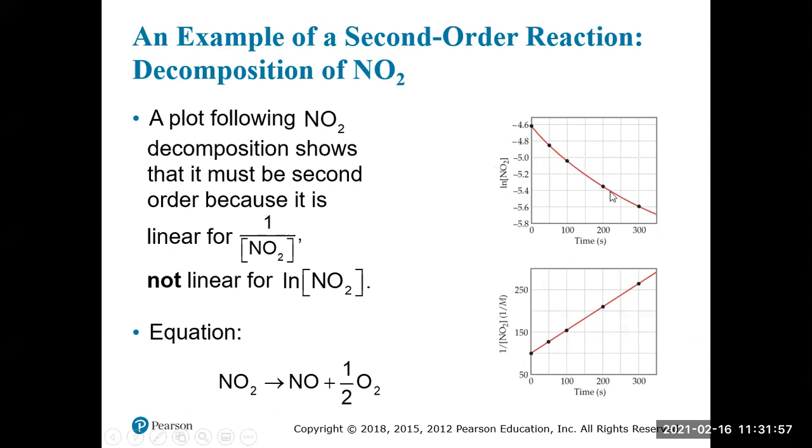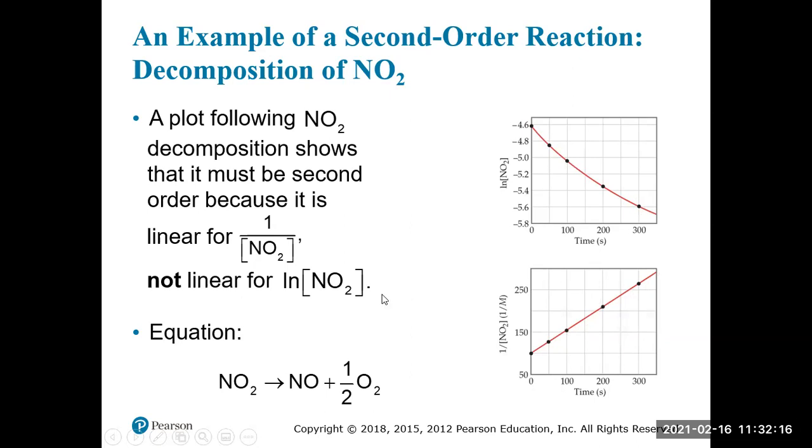And we see that's not really a linear plot. It's got a curve to it. In the bottom, we have 1 over the NO2 concentration on the y-axis and time on the x-axis. And we see when we plot that, it's a nice straight line.